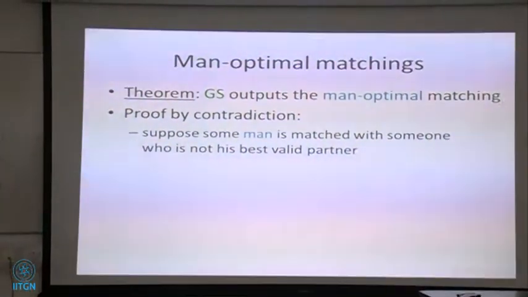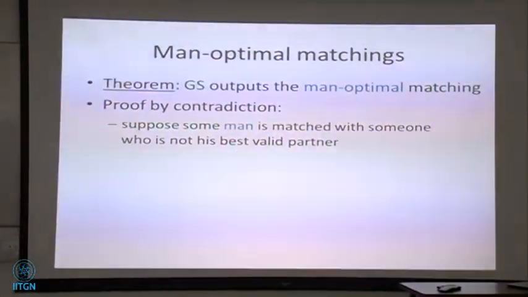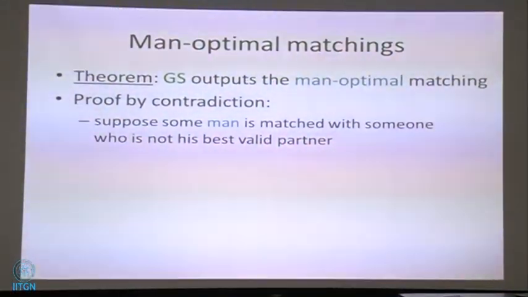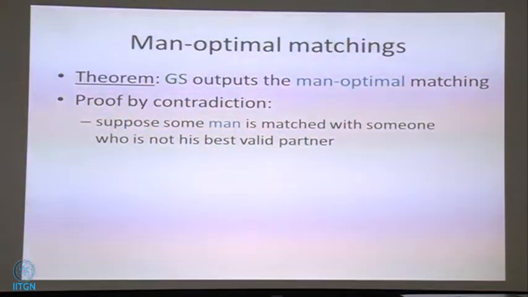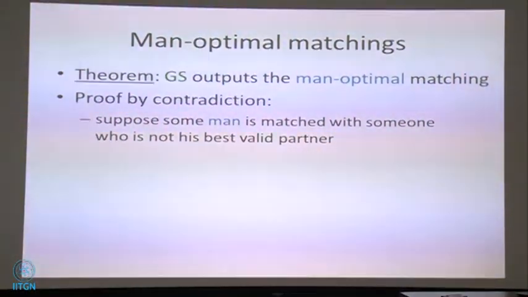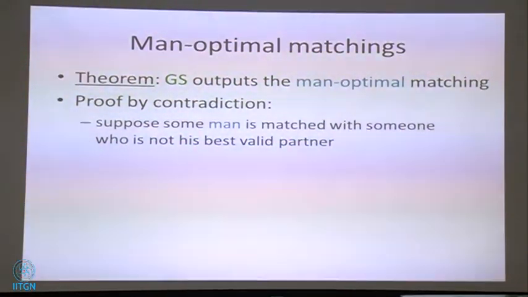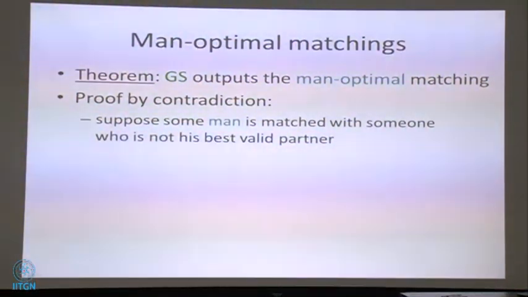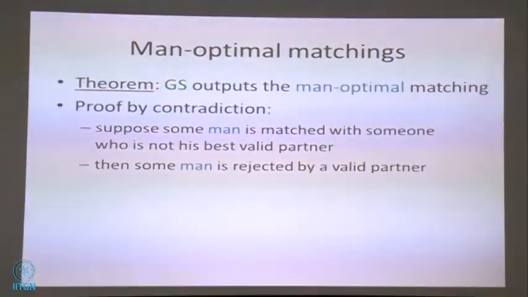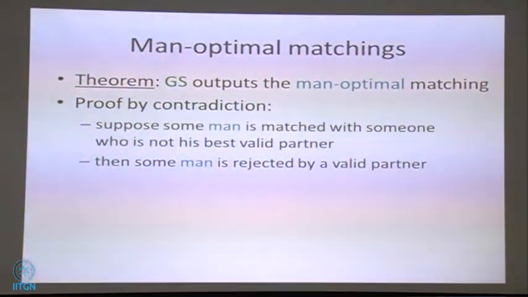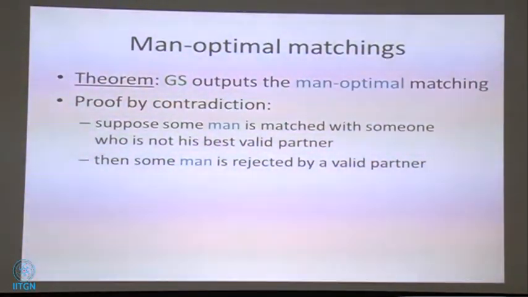Suppose some man is matched with someone who is not his best valid partner by Gale-Shapley. So we're running Gale-Shapley in some order, I don't care which order. And suppose some guy ended up at the end of the execution with someone who is not his best valid partner. Then this means that in the execution of the algorithm, some man was rejected by a valid partner.